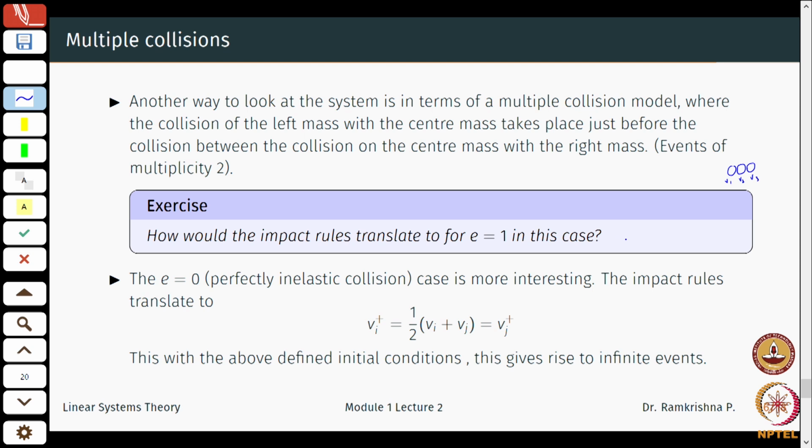I will not do this case, it is pretty easy to derive, but what is interesting for us is the case of e equal to 0 and what happens in the case of multiple collisions. Here we have events of multiplicity 2. One event is this one colliding with this one, and the next event is this one colliding with this one. Now, this is interesting. What will happen in this case?